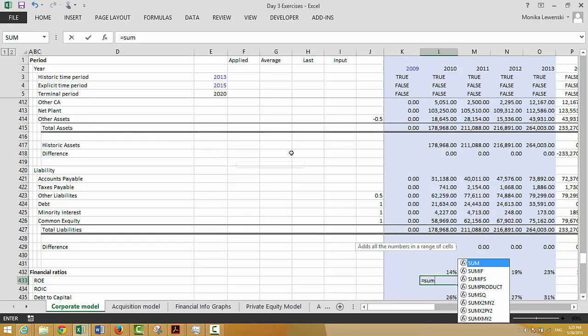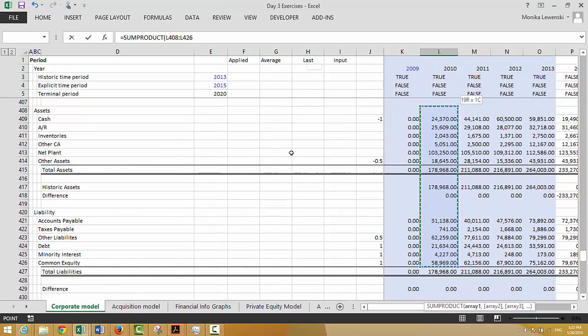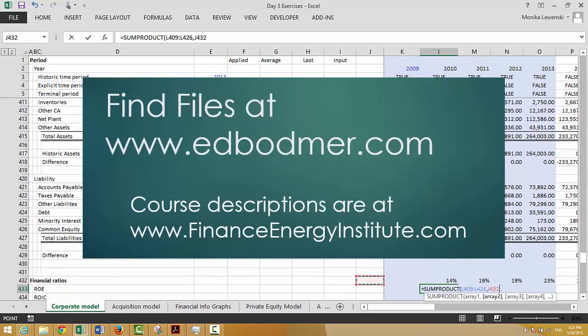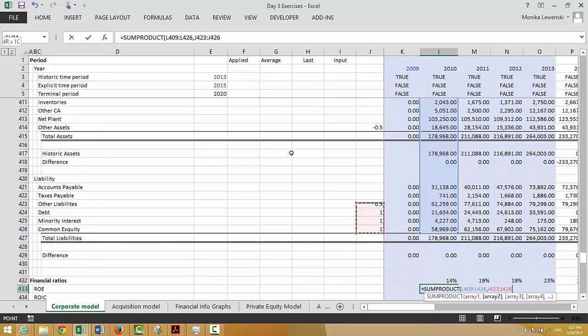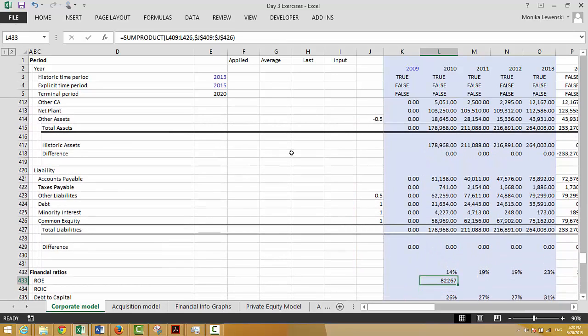Now we can put the invested capital as the sumproduct of all of the balance sheet measured at the end of the year.